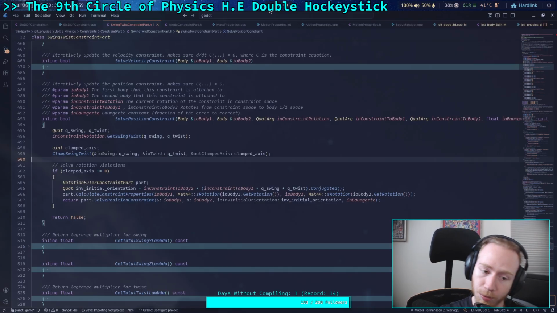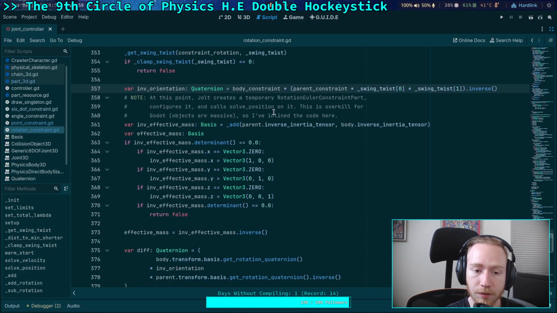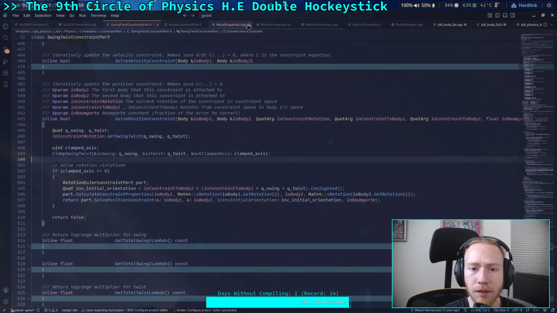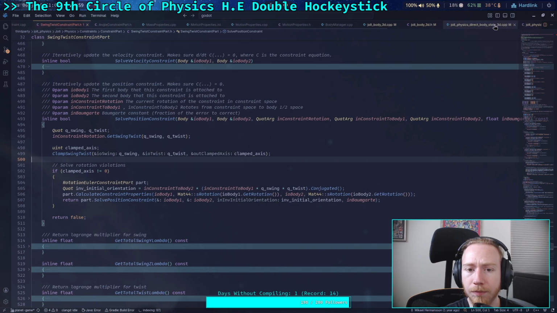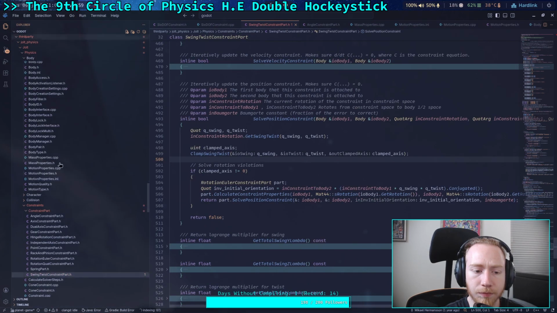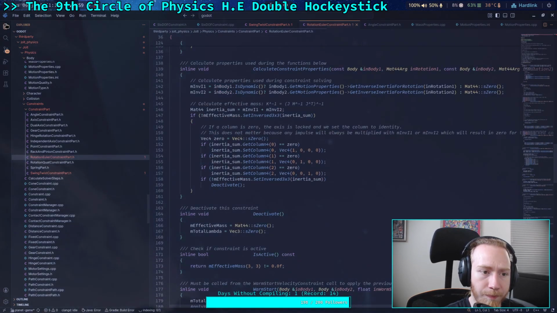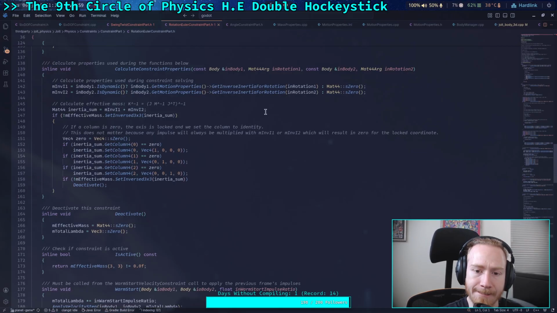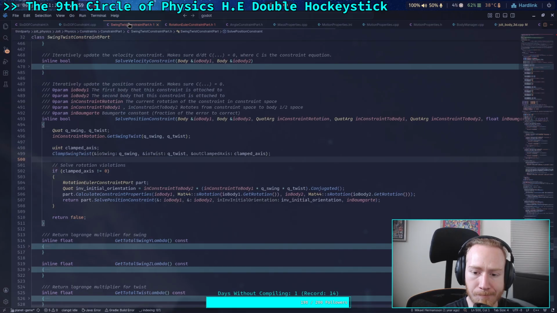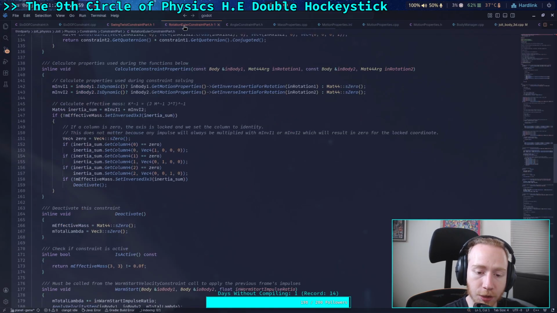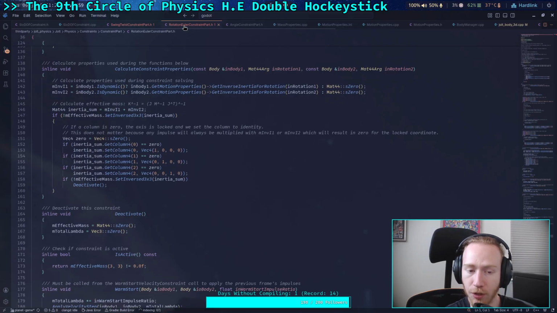Calculate constraint properties for the rotation Euler constraint. So we get the real rotations, inverse inertia for rotation.